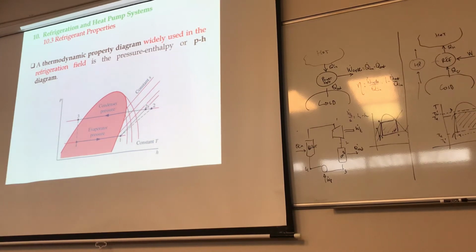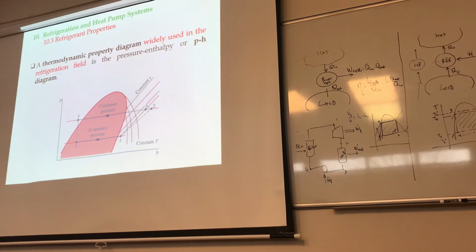Remember, the low pressure is the evaporator pressure, the high pressure is the condenser pressure. This is most like the PV diagram, but it's a ph diagram, sorry, in which you have the constant entropy lines.